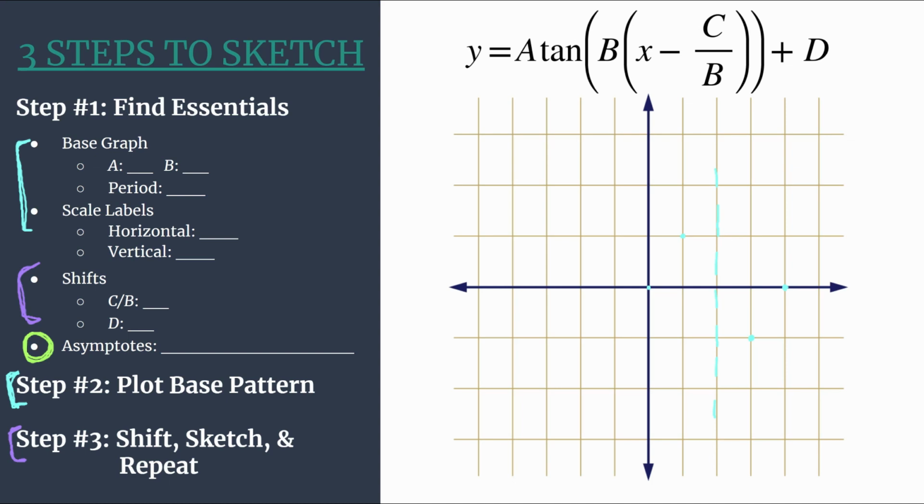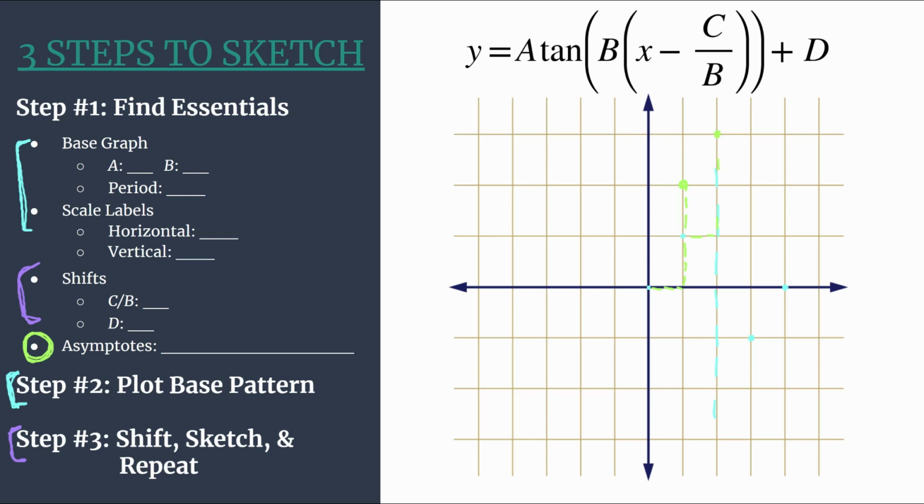Okay, so let's just say that our shifts had been equal to right 1 horizontal grid unit and up 2. All you have to do is take your base pattern and shift them all right 1 and up 2. This is just in general, to show you what it'd look like. Right 1 and up 2.